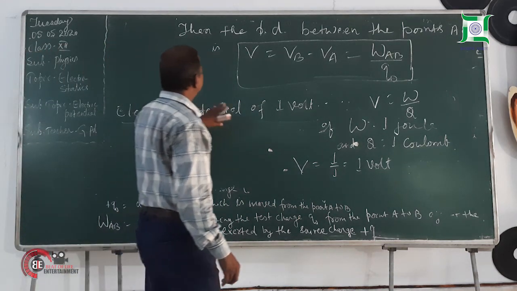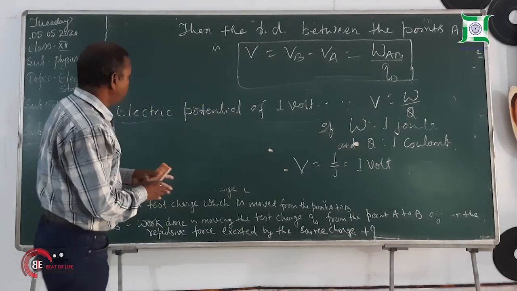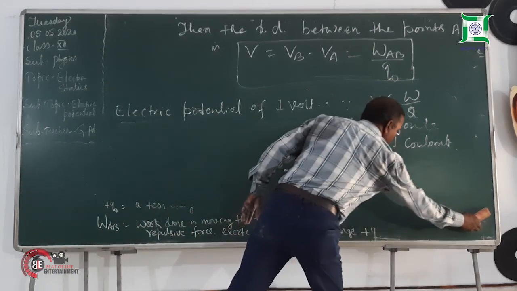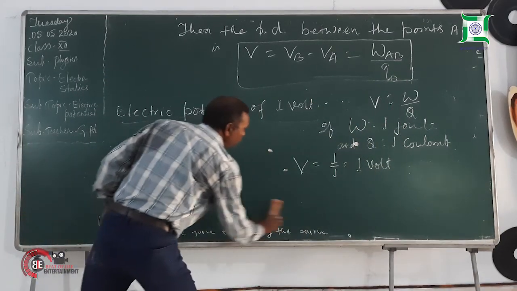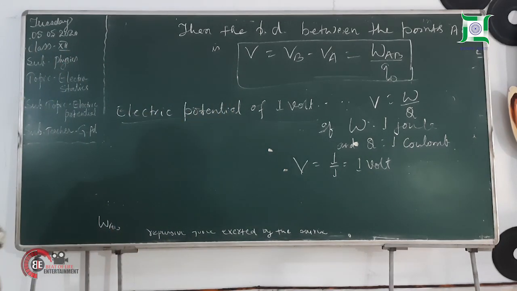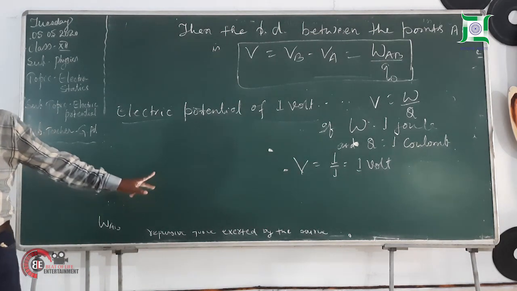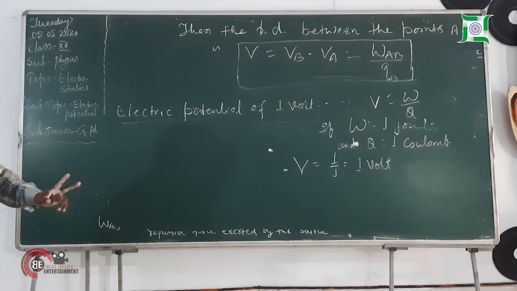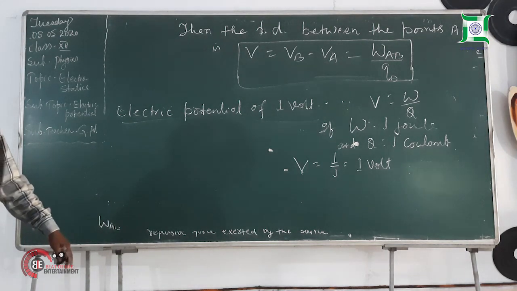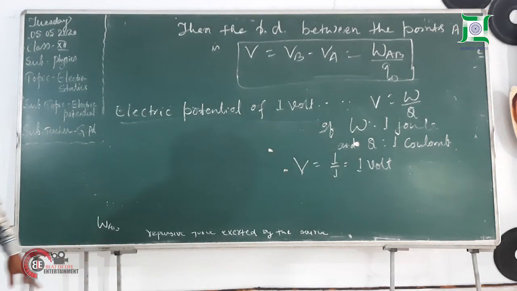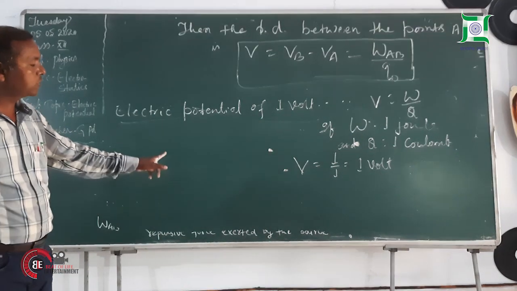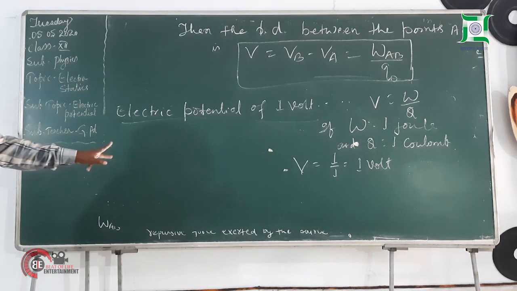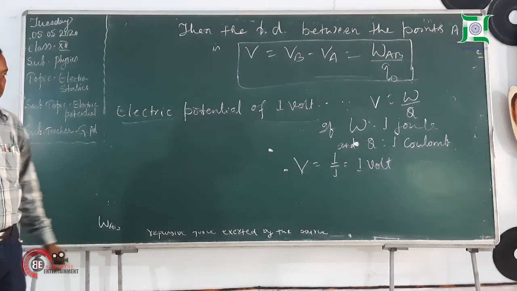Similarly, we can define potential difference of 1 volt. The potential difference between 2 points in an electric field is said to be 1 volt if 1 joule of work has to be done in moving a positive charge of 1 coulomb from one point to another against the electrostatic forces.